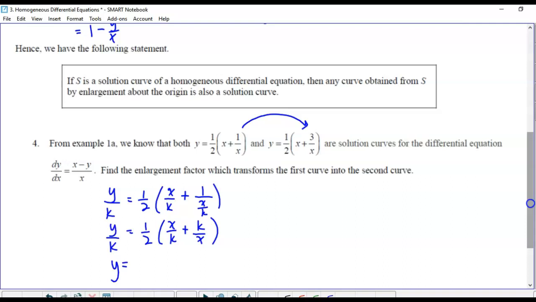So you get k over 2, x over k plus k over x.